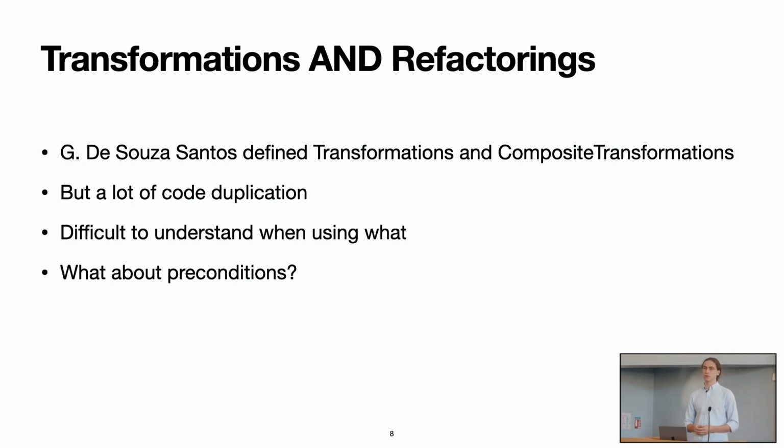So sometimes it's difficult to understand which one you want to use and how. And what about preconditions? Currently, in Pharo 11, transformations never check preconditions unless you explicitly tell them to do it. And this might not be ideal in some cases, and we'll see an example in a short while.